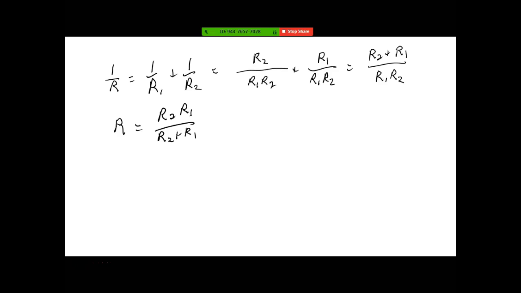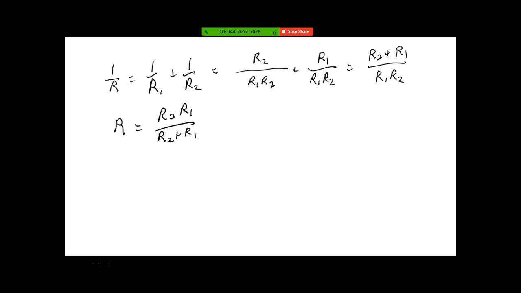And if those are very large resistors, the product's going to be way bigger than the sum. And your effective resistance is actually going to be less than any one of them. You don't really see that, but indeed that's what you get.